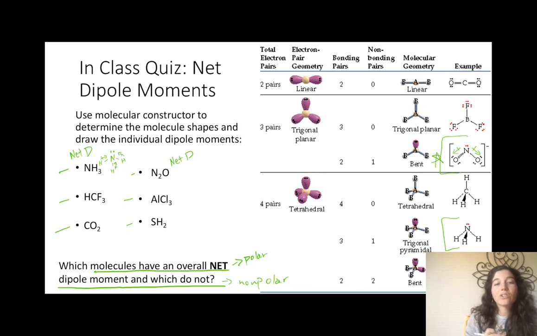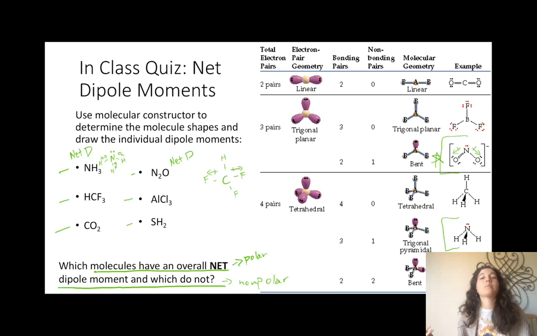Let's take a look at HCF3. If you modeled this, carbon, hydrogen, fluorine, fluorine, fluorine. So these forces are going to cancel each other. Remember, fluorine is the most electronegative element on the periodic table, so your arrows will definitely point towards fluorine. Those cancel each other out because they're equal but opposite directions.